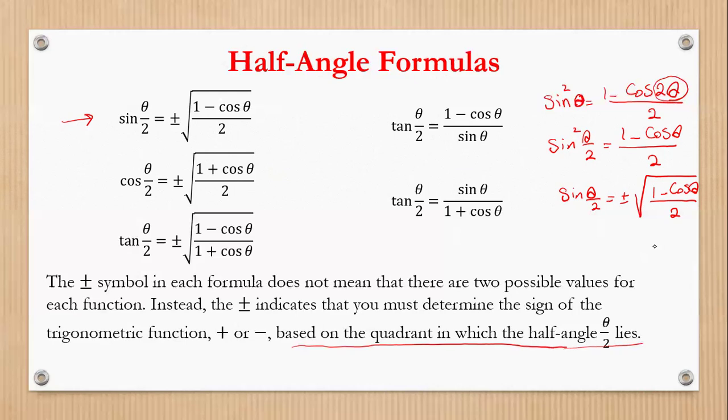If it's negative, just keep the negative. And the same for cosine and tangent. These formulas also come from mixing the other formulas. So for tangent of half angle, you can use either of these formulas, this one or this one or this one, based on which one works better in your problem.